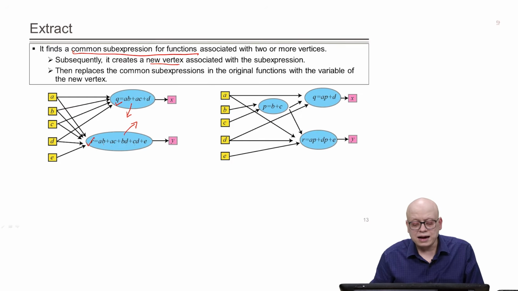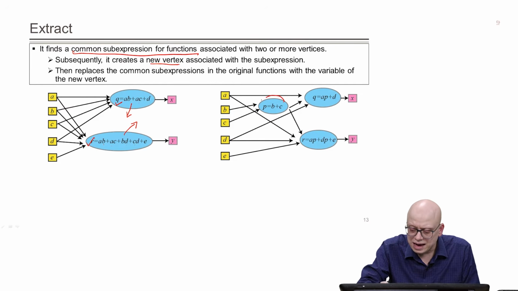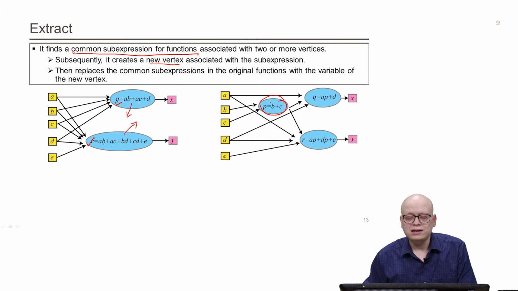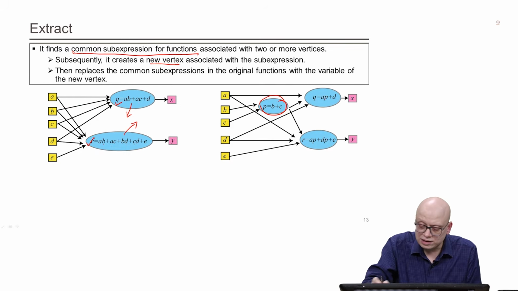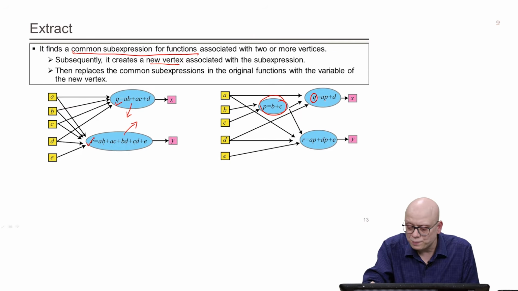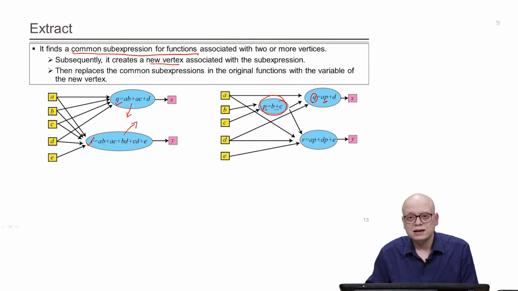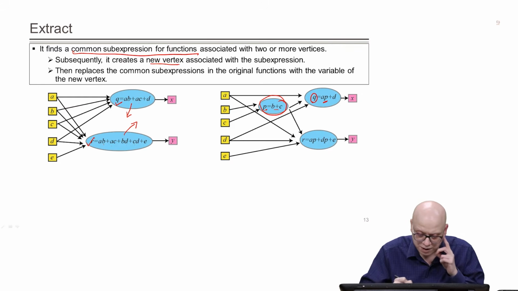Therefore, we can extract out b plus c and create a new node. In the q function, we can replace the b plus c occurrence with the new node, that is p. And in the vertex r, we do the same thing.